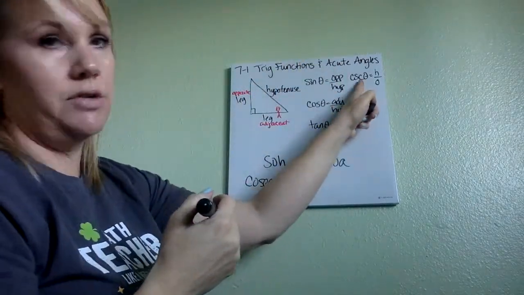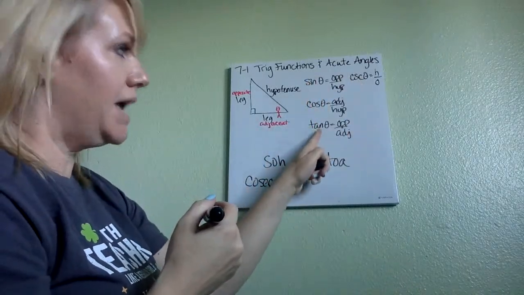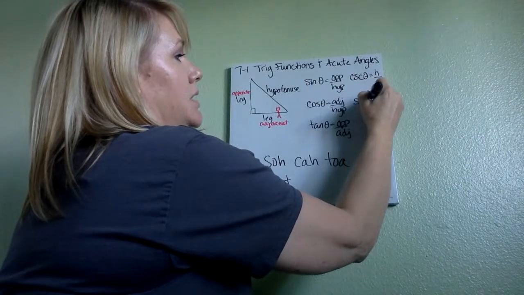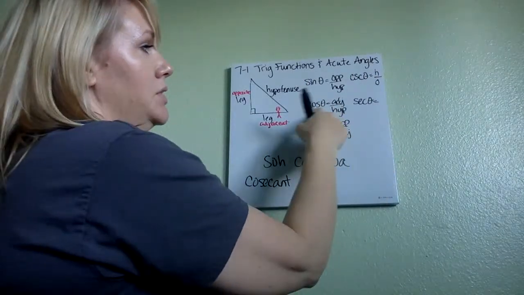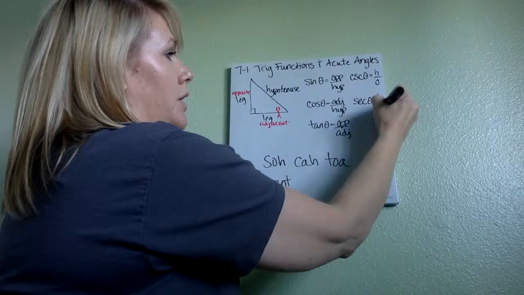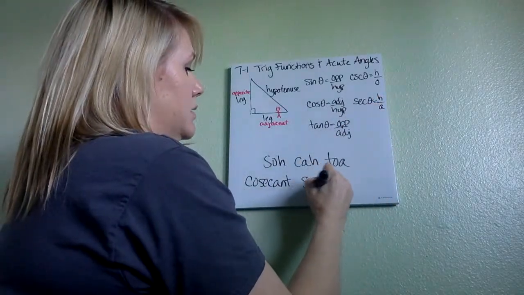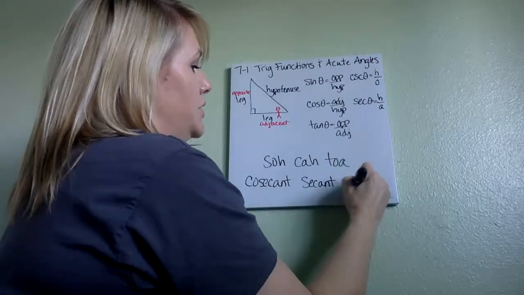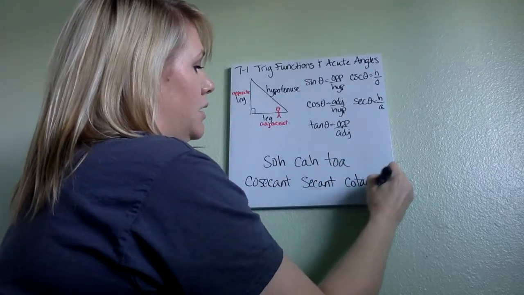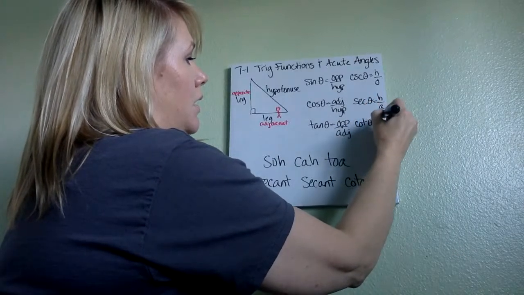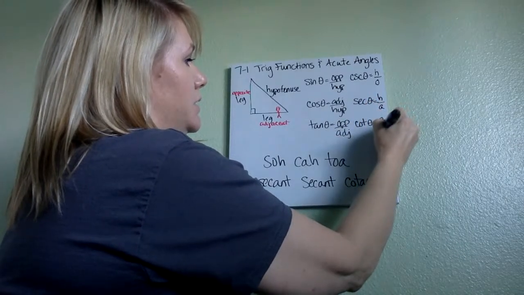That's just the abbreviation for the name. So sine, cosine, tangent, cosecant. Secant is the reciprocal of cosine, so it would be hypotenuse over adjacent, and let me write that out, secant. And then cotangent is the reciprocal of tangent, so adjacent over opposite.